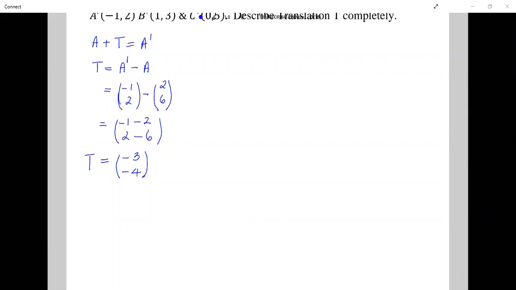All right, so we worked out T, but the examiner said we will need to describe translation T completely. So I could then say to the examiner that triangle ABC was mapped onto triangle A'B'C' by translation T, which is (-3, -4).